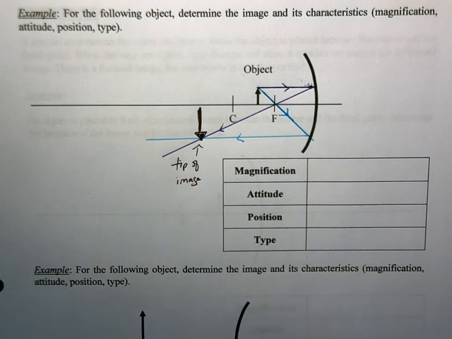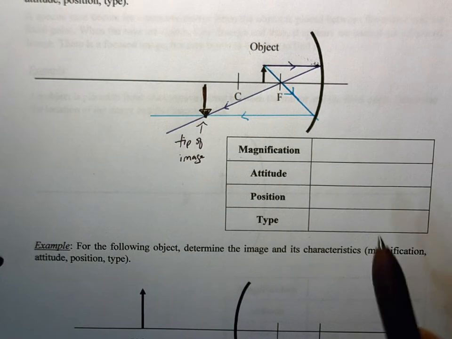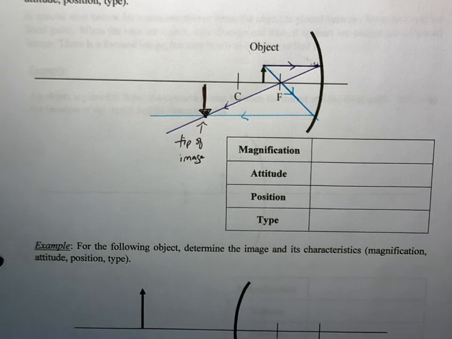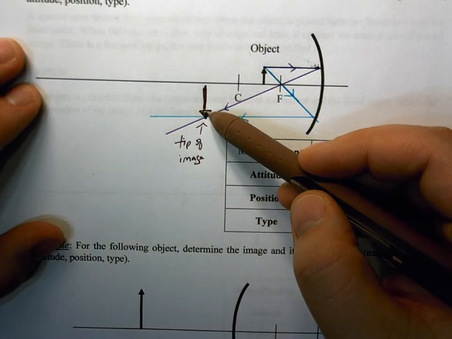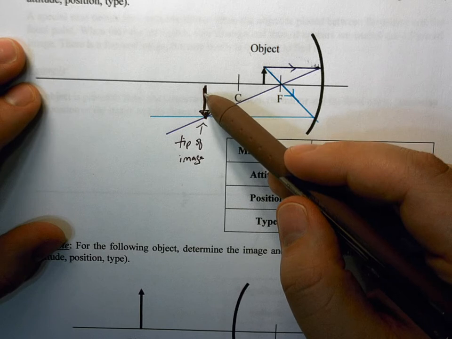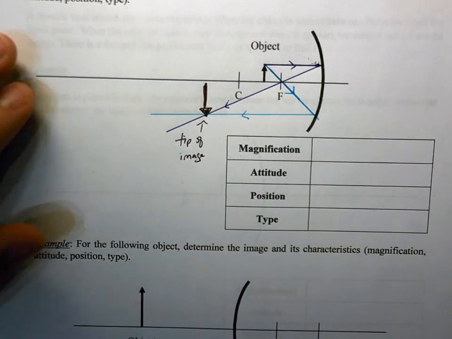Now we want to ask ourselves some questions. So magnification, you'll learn more about it with distances later. But one thing that we can look at is the vertical size of the image. Comparing the image to the object, is it larger vertically? Is it smaller vertically? Is it the same size?